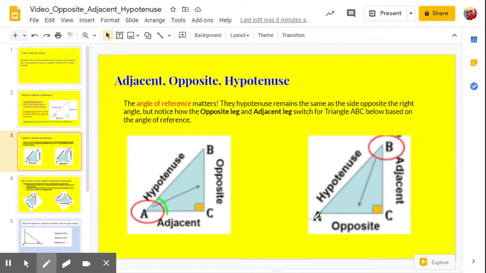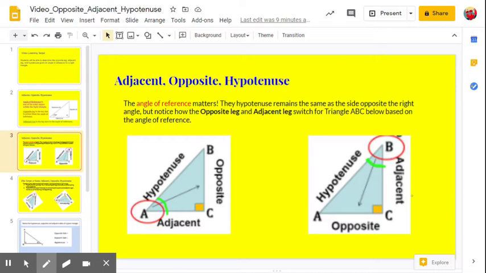It's also the same triangle, triangle ABC, but this time our angle of reference is angle B. Look what happens. The side opposite angle B is segment AC, our opposite leg, and our adjacent leg is segment BC. So the opposite and adjacent will flip-flop depending on which angle of reference we use.